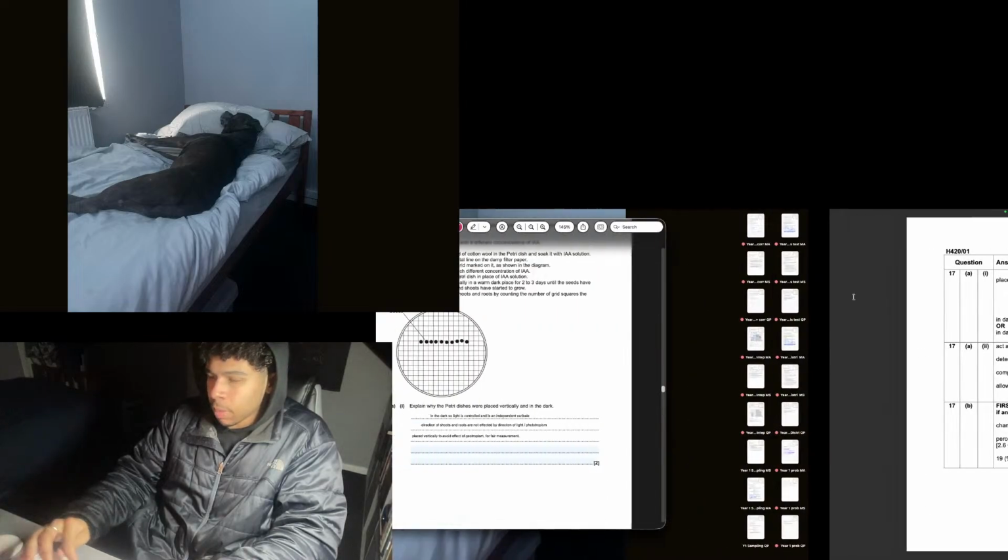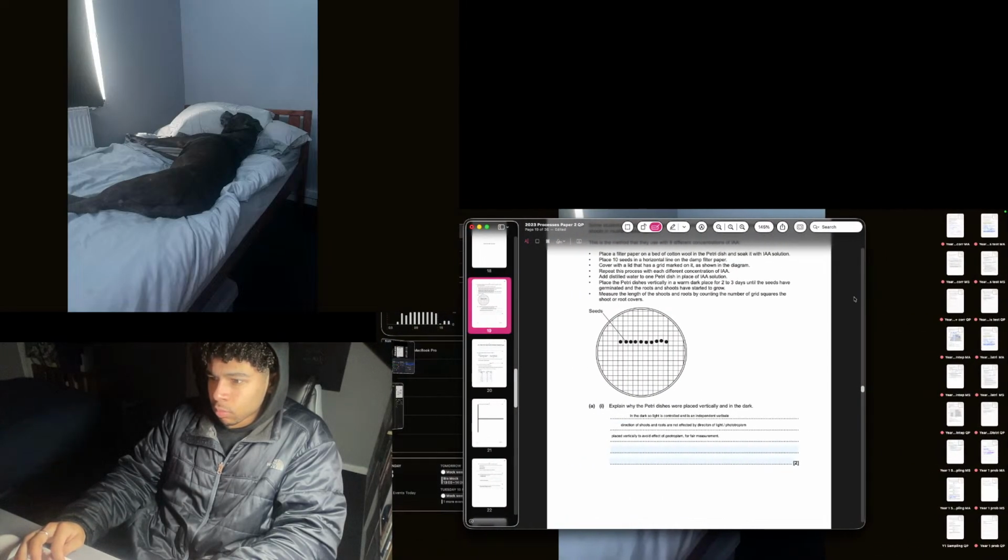Do not allow phototropism. What? Allow for geotropic. Oh, tropic. Yeah.